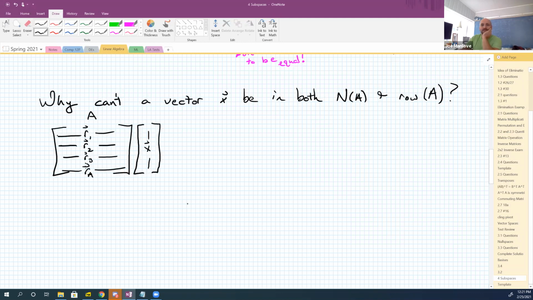You guys see that? Okay. Let me suppose that X is in the null space. You guys with me on that? All right, so if I'm supposing X is in the null space, then where does this go? What's the result of taking AX?